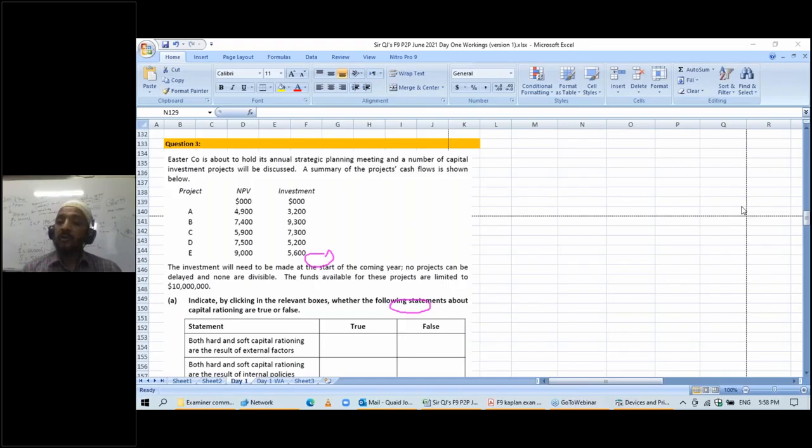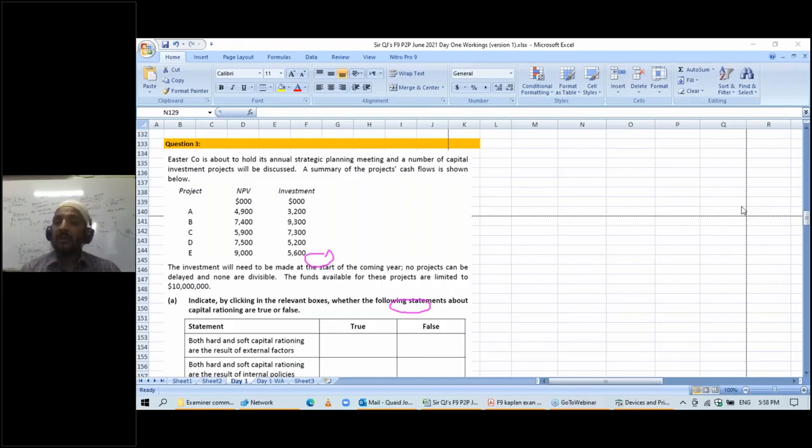Suppose a business has 10 projects with positive NPVs, and those projects require $25 million, but the company has only $20 million. Now this is a rationing situation.